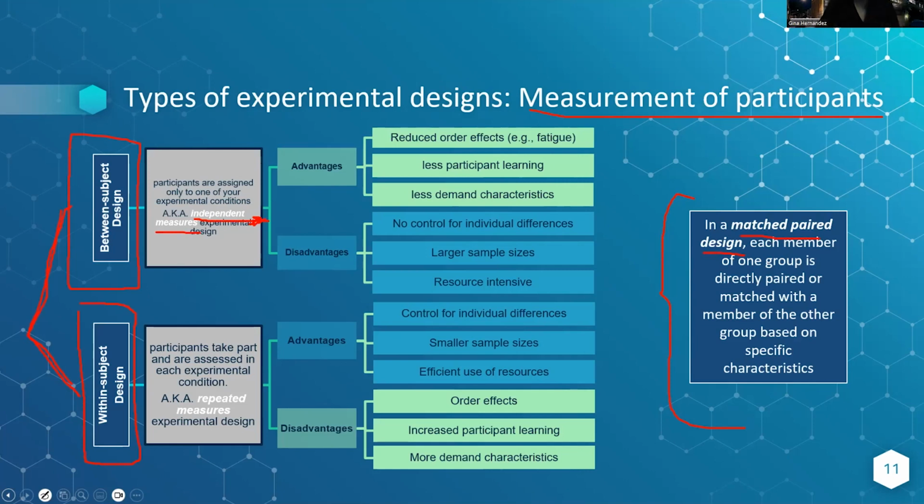The opposite of this is having a within subject design. A within subject design just means that you will have two measures for each participant. You will compare results within the participants. This is why it is also called repeated measures. You will have two different measures, and this is a stronger design, because imagine in the example that I gave you regarding drinking coffee, some people can be better at assimilating caffeine, right, than others.